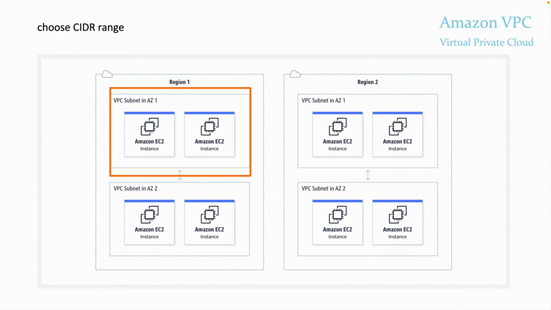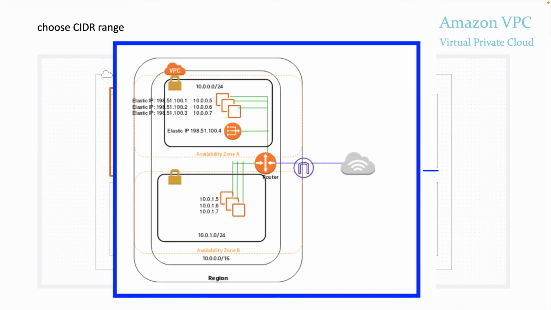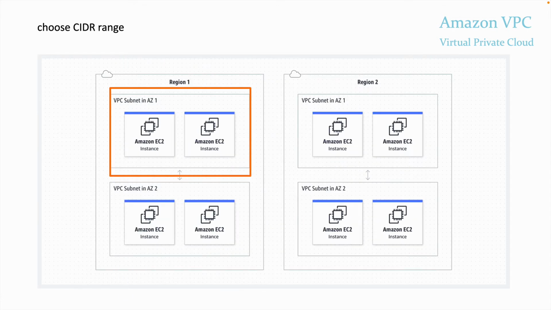And you're going to see in a later video that you can create a public-facing subnet for your applications to have access to the internet, but also create private subnets with no internet access to secure your databases and your backend systems. And the Amazon VPC offers multiple different layers of security.